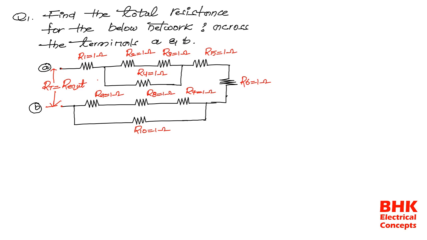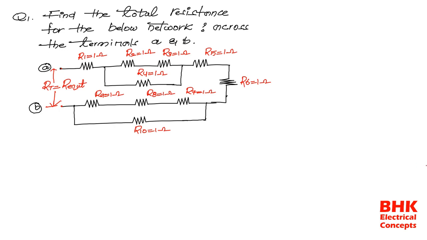Please remember, when the terminals are on the left side, you always have to reduce and find the total resistance from the right side. If the terminals are on the right side, you can start reducing the network from the left side. This is a very important key point.